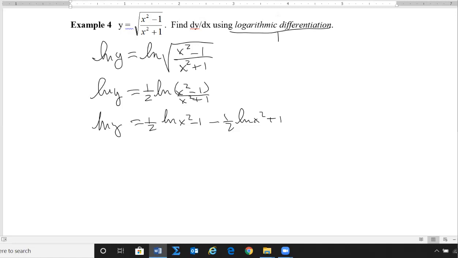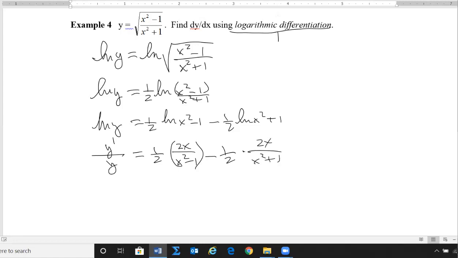Now on the left side here, I'm going to have y prime over y. Okay, y prime is the same as dy dx. Just a little bit easier to write it, so I did that. This side over here, I'm going to have a 1/2. I want the derivative of the natural log, so it's 2x over the x squared minus 1. And then this one is minus 1/2 times the 2x over the x squared plus 1.